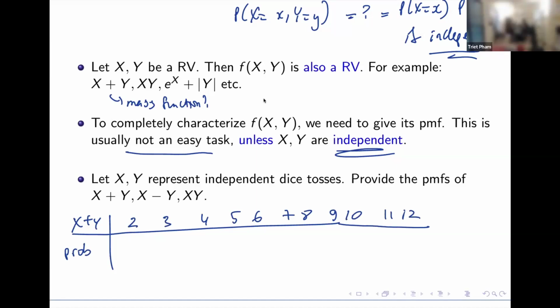With what kind of probability? So you see right now, again, it's not impossible, but you have to start counting, right?